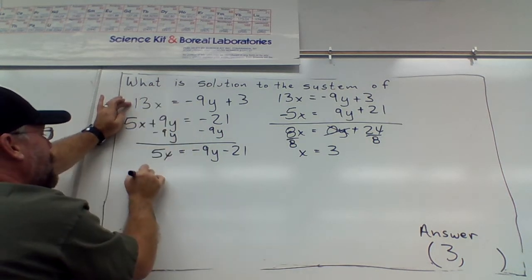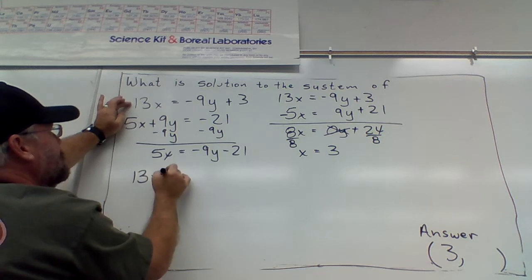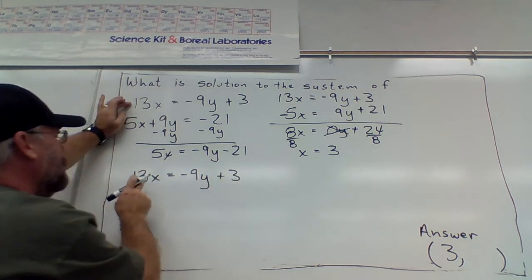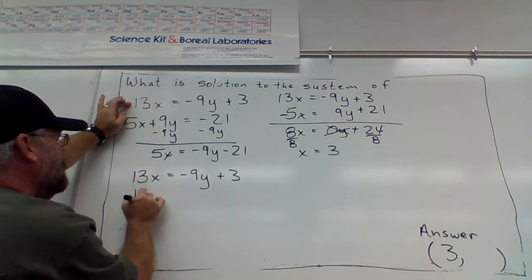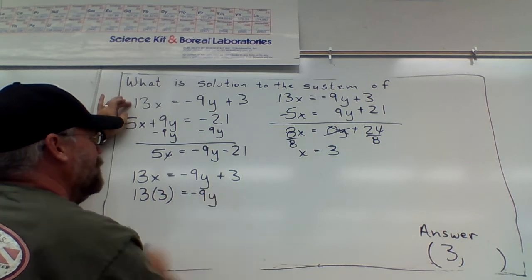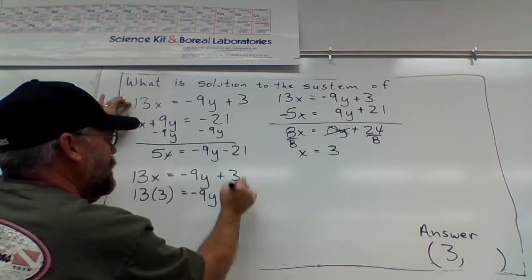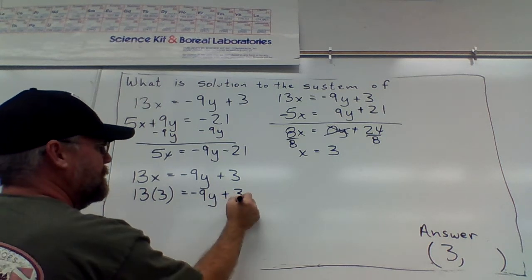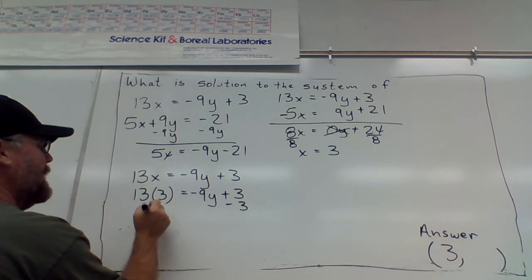So I have 13x equals -9y plus 3. Plug in 3 here. So 13 times 3 equals -9y plus 3. I want to get the y by itself, so I'm going to take away 3 from both sides.